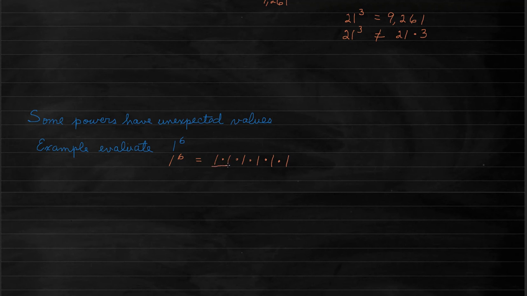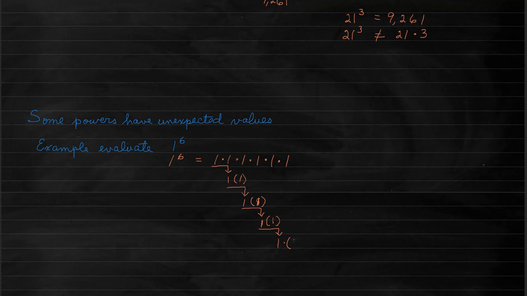Well, first, 1 times 1 would simply give me a 1. Now I multiply times the third one, and it gives me another 1. Times the fourth one, another 1. Times the 5th one, another 1.